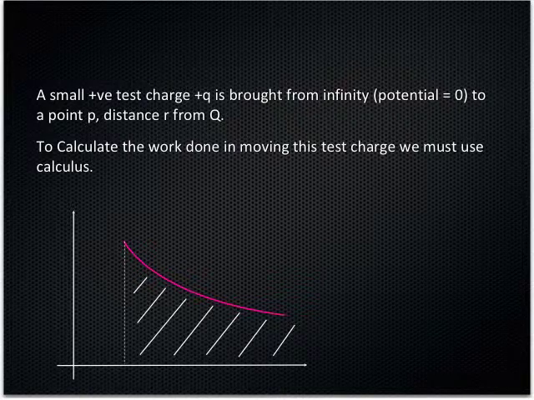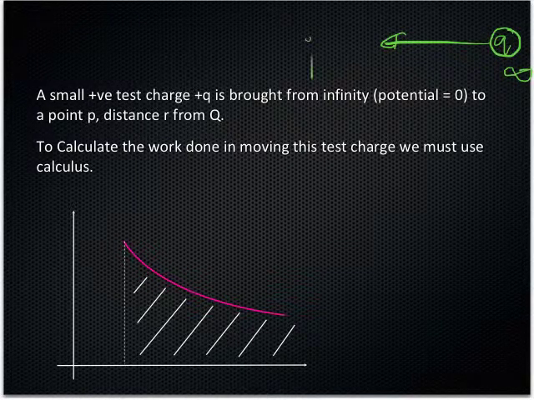As the object, that small charge q, is brought from infinity to that point P, which is a certain distance away from that big charge, we want to look at what is the work done.